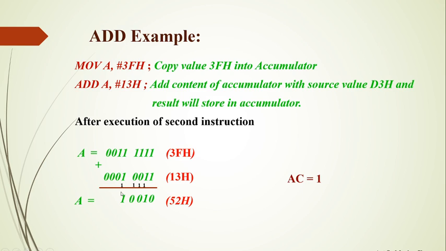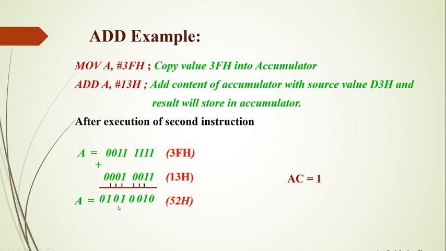Now the addition of the fourth column gives sum 1, carry 1. If we add this carry to the next column, we get 1 plus 0 plus 1 equal to 0, 1 carry. Then we add 0 plus 0 plus 1, so the sum is 1 and no carry is generated for the 7th column. So we are adding 0 plus 0, which is 0.